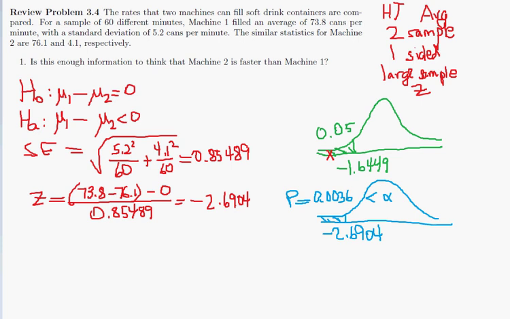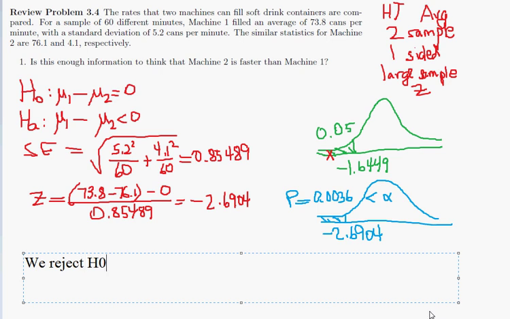And so therefore our decision is that we reject the null hypothesis. Either way, it appears that machine 2 is faster than machine 1, being able to fill more cans per minute.